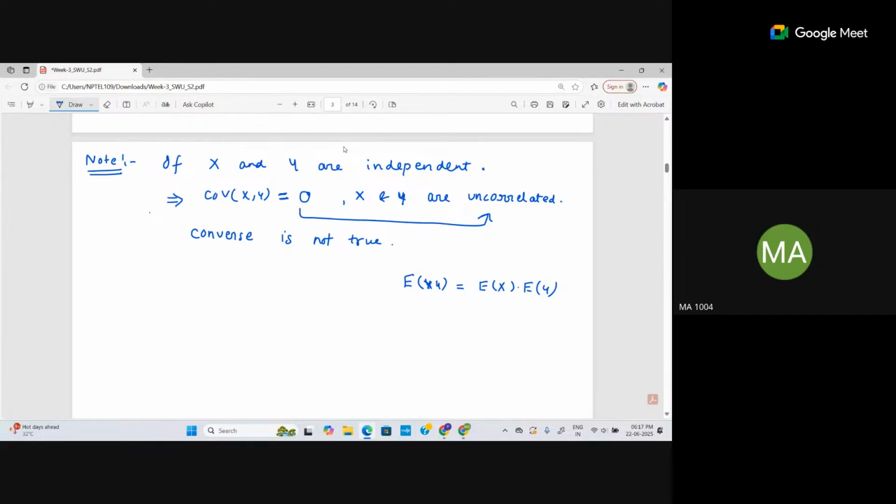Which is true. So if they are independent, then the covariance will be 0. The thing is, if the covariance is 0, it doesn't imply that the two variables will be independent. Yes, ma'am. I get your point, but at the end of the day, if they're dependent and covariance is 0, then the equation e of xy is equal to e of x into e of y will be satisfied, right, ma'am? Even if they're dependent also, in that case.